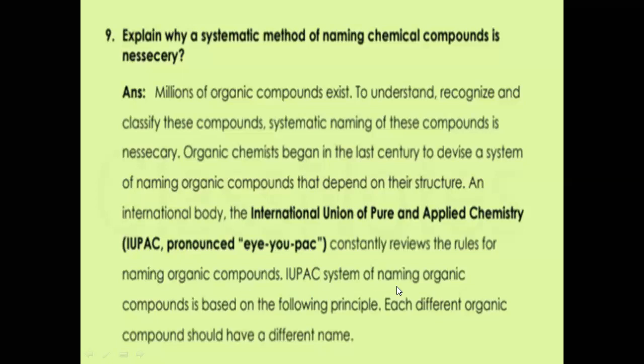So the IUPAC system of naming organic compounds is based on many principles. Each different organic compound has a different name, although we have different series, and those series help us in naming the organic compounds. So for naming the medium of organic compounds, a system is compulsory to make their learning and memorization easy.